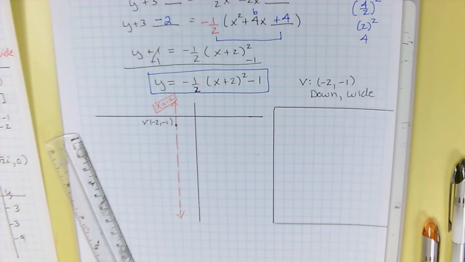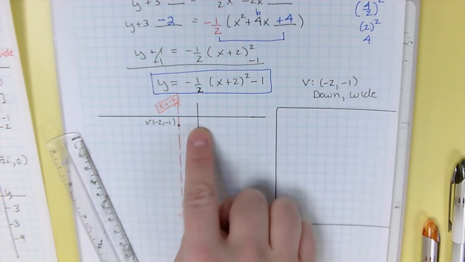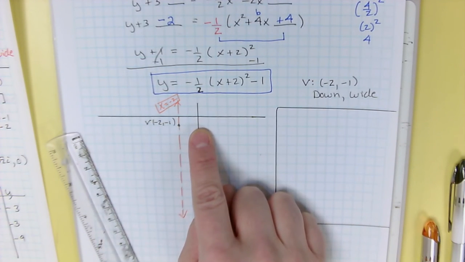I have 1 vote for none. What about the rest of you? I say none. You say none? If you're thinking none, you have it, because if it's opening downward, it's never going to cross, which just means that when we get the x-intercepts, they're going to be imaginary because it's not going to have them.